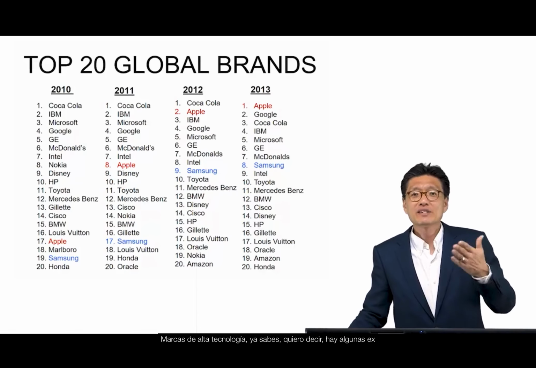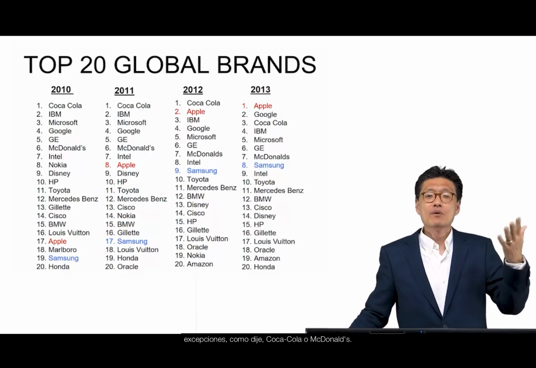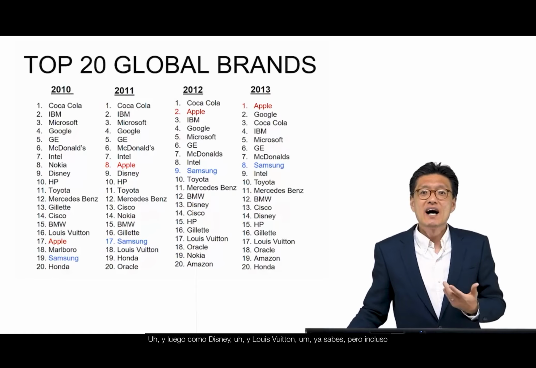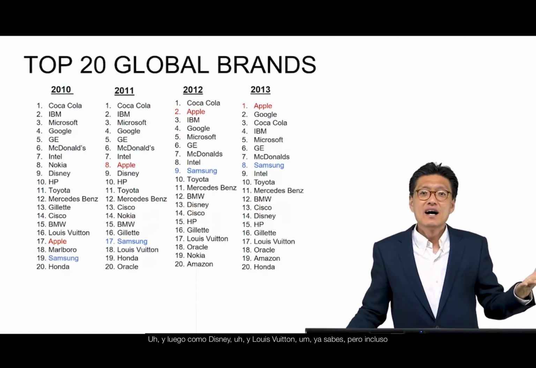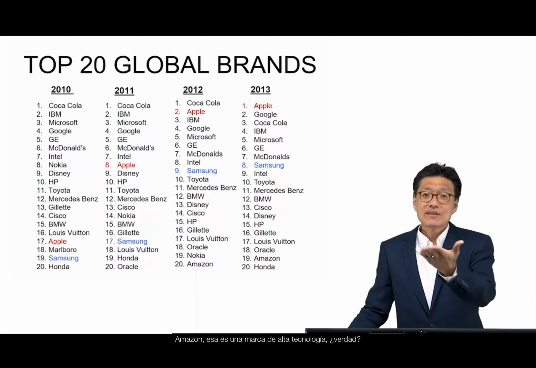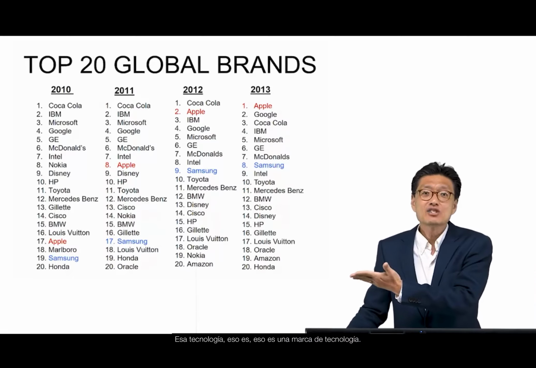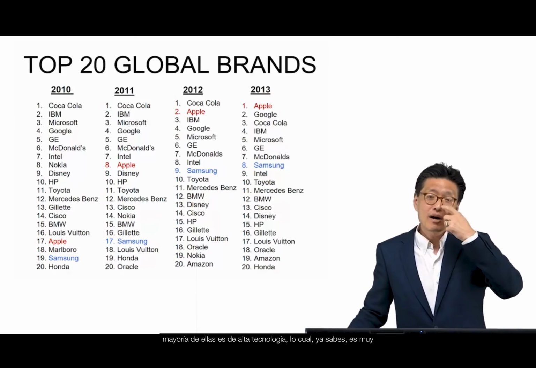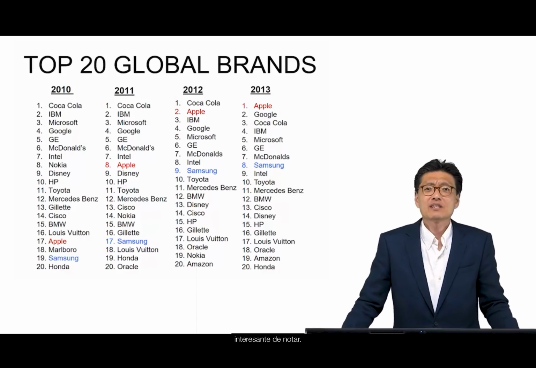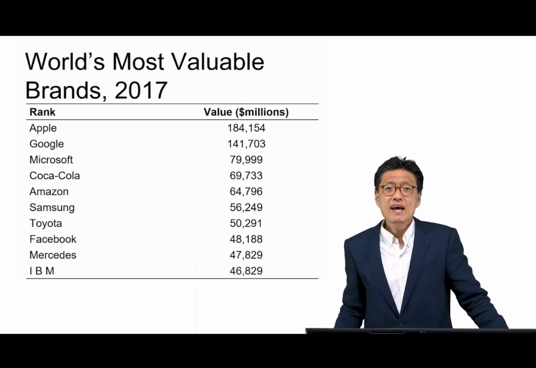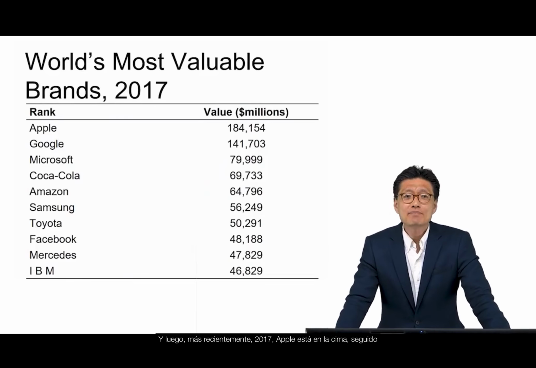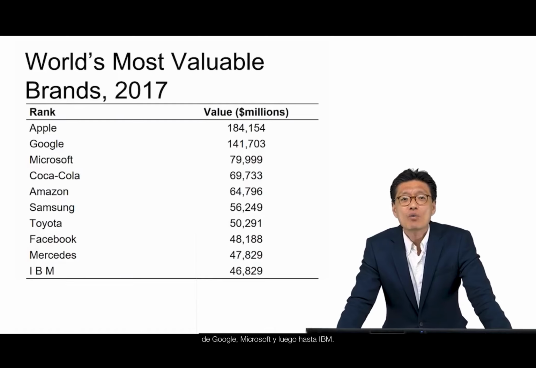There are some exceptions, like I said, Coke or McDonald's, and then Disney and Louis Vuitton. But even Amazon, that's a high-tech brand, right? That's a technology brand. So most of these brands are high-tech, which is very interesting to notice. And then most recently, 2017, Apple's at the top, followed by Google, Microsoft, and then all the way down to IBM.